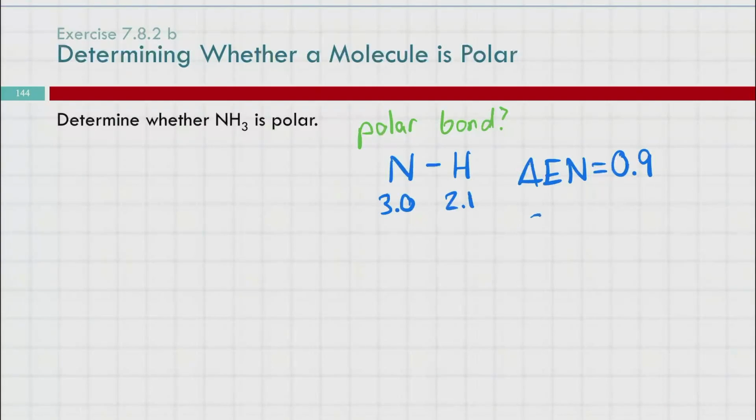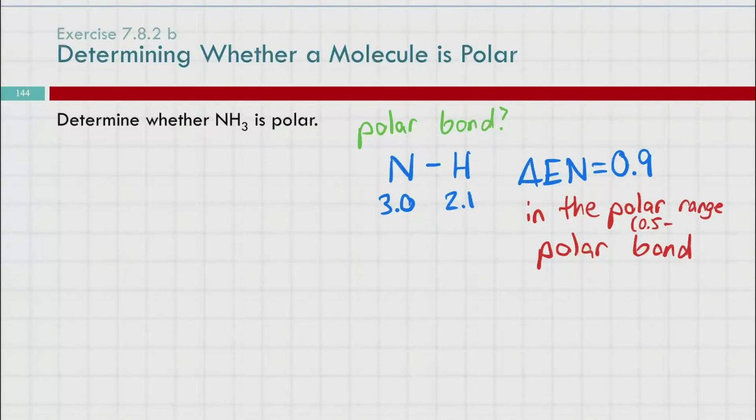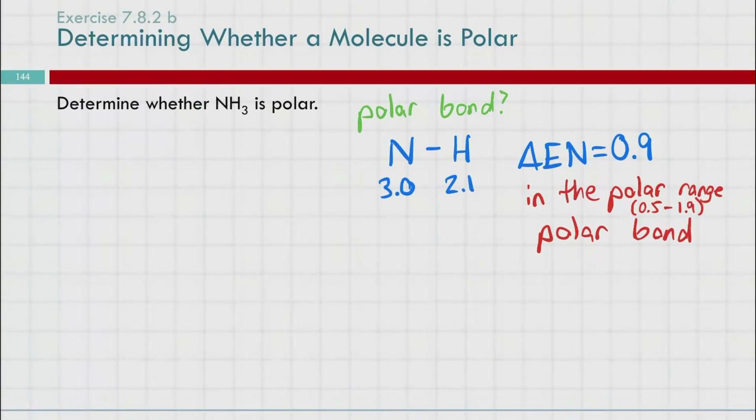That is between our 0.4 and our 2. So that's in the polar zone. So we have a polar bond.